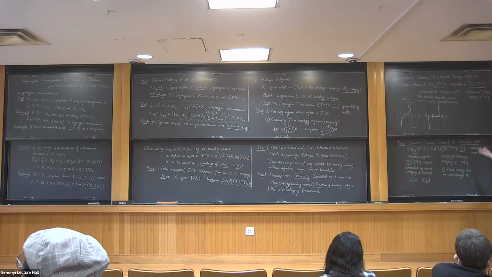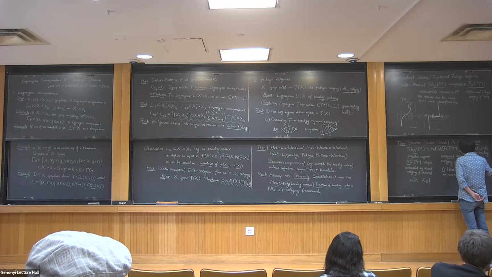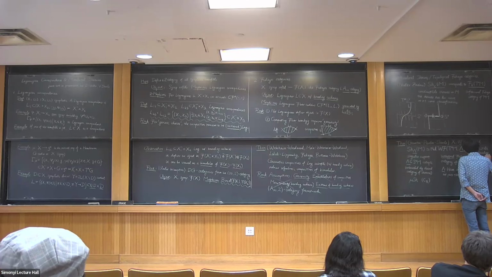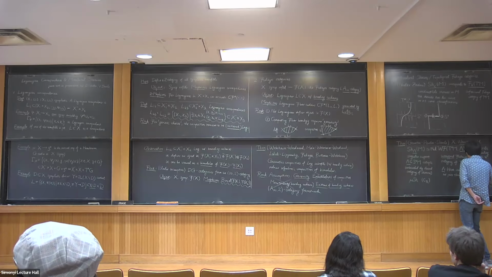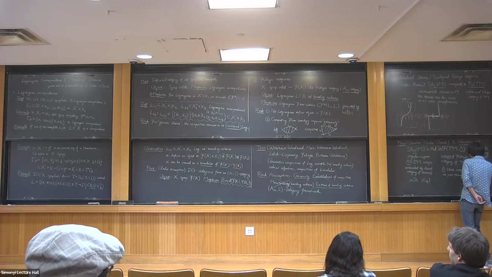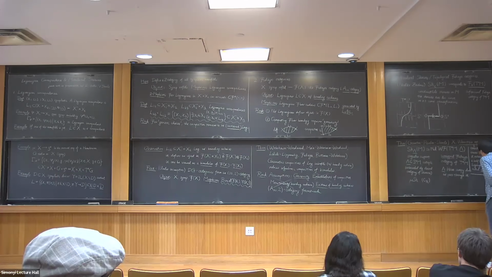And third, the condition is that it should deformation retract to a half-dimensional Lagrangian cellular complex. This is called the core of the Weinstein manifold.